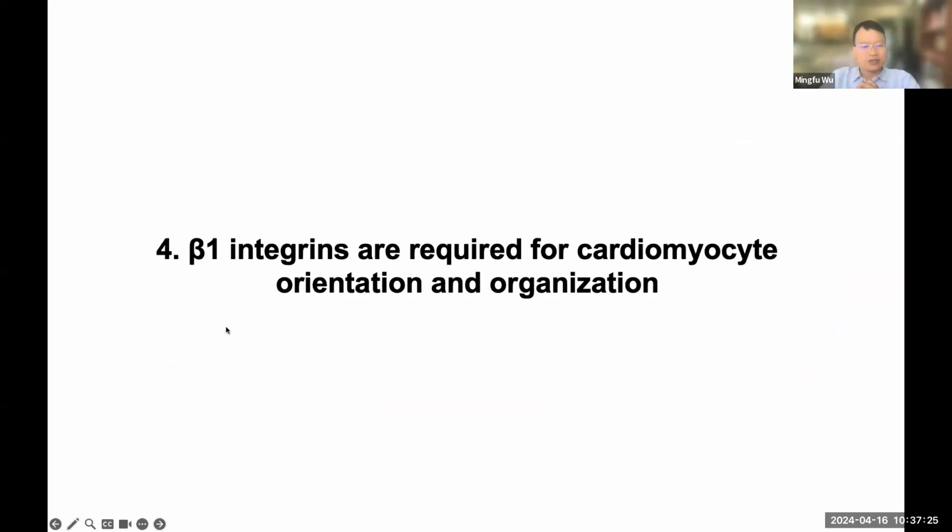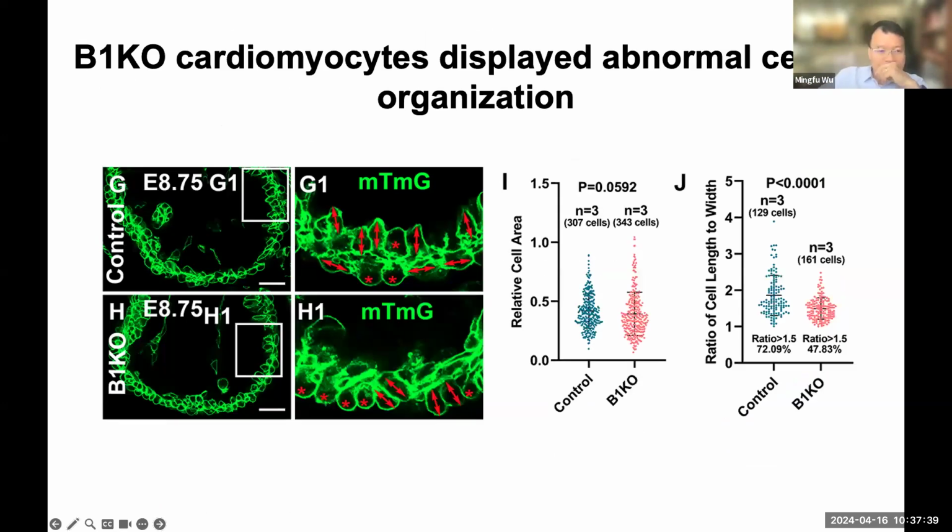So here is the data showing that beta-1 integrins are required for cardiomyocyte orientation and organization. Here shows the cell size and cell orientation.